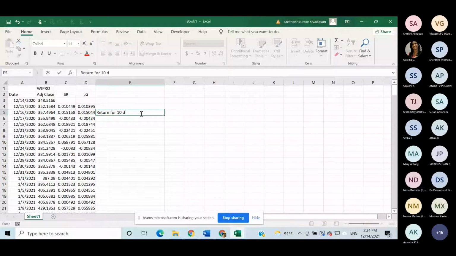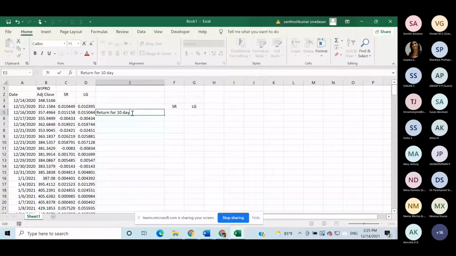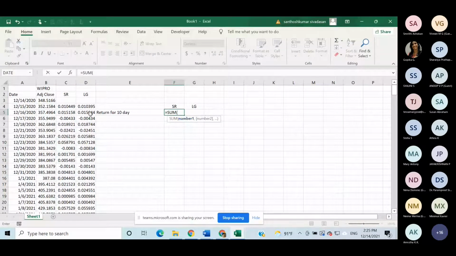Control C, Control V. So I have the return for 10 days, and just sum. Equal to sum. Okay, sum this.